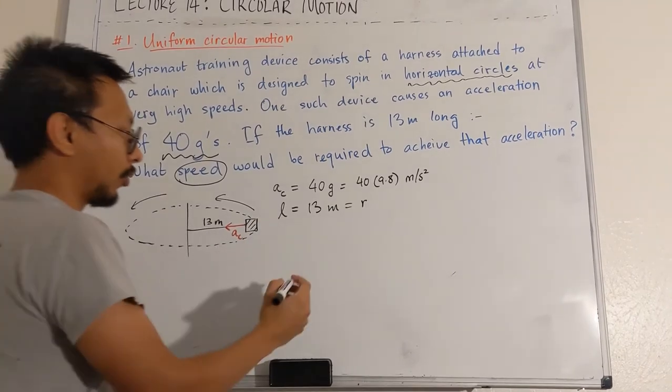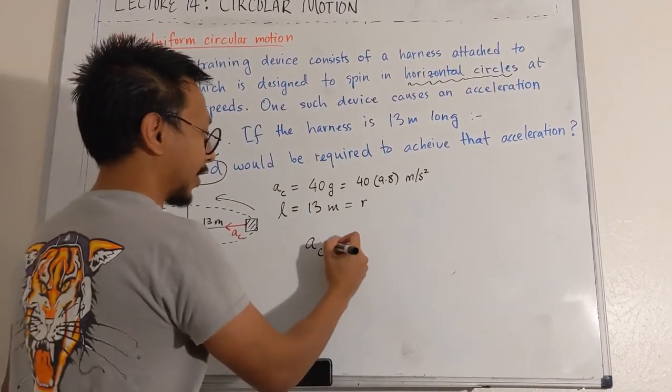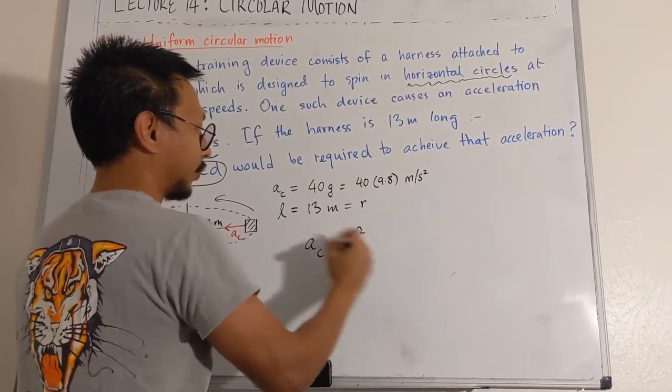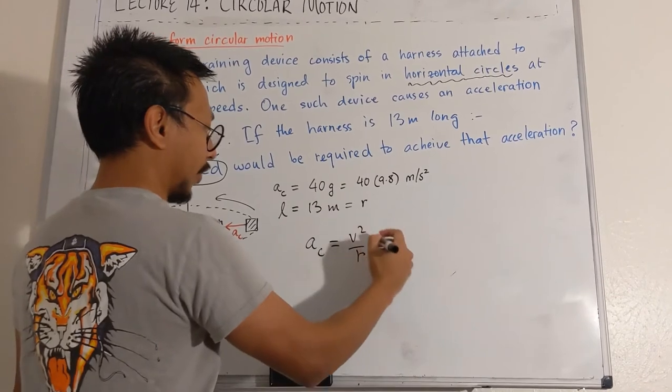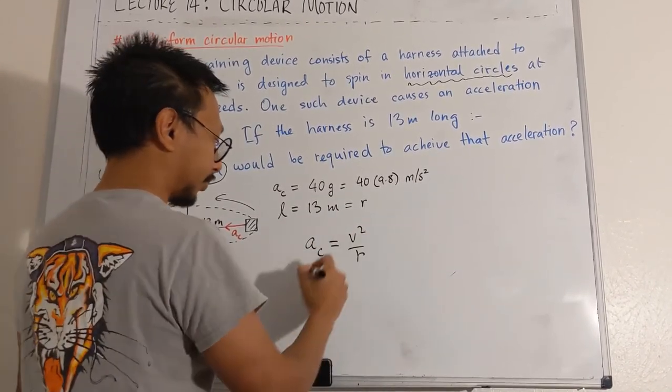Okay, we know from circular motion our acceleration magnitude is given by a_c equals v squared over R. v is what we want to find, and a_c is given, R is given. So we can use this equation.